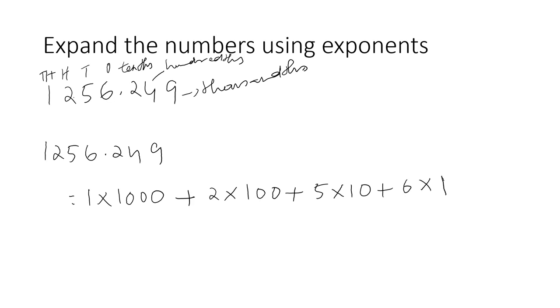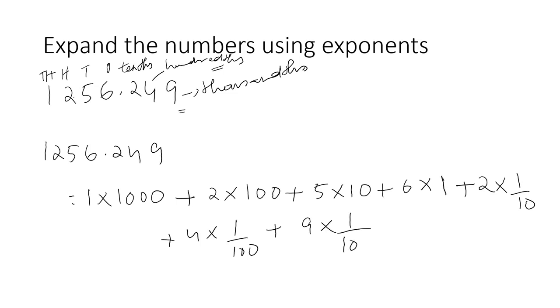Now here we have the decimal. So after decimal you have 2. So I can write it as 2 into, it is coming in the tenths place. The tenth means 1 by 10. And plus 4 into, coming in the hundredths, so 1 by 100. And 9 in the thousandths. So 9 into 1 by 1000.